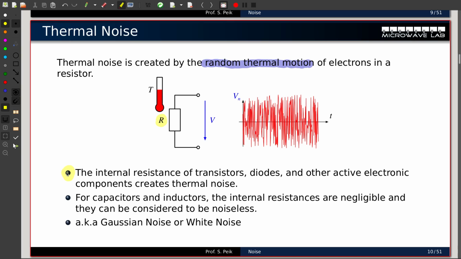When we look at capacitors and inductors, we usually can ignore it because those elements have very small resistance, so it doesn't produce a lot of noise. The thermal noise is also known as Gaussian noise or white noise, and I'm going to explain in a second why. It's the same thing: thermal noise, Gaussian noise, or white noise.